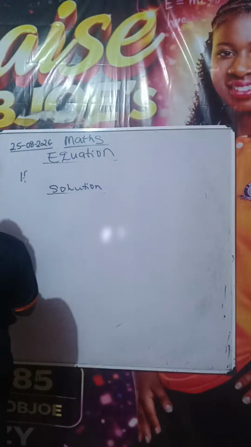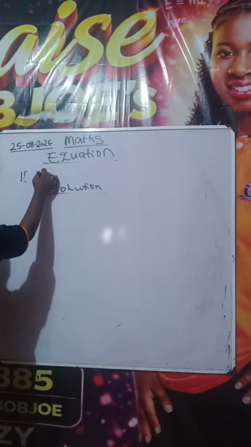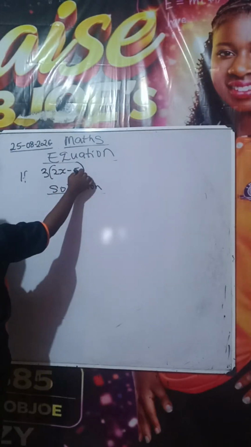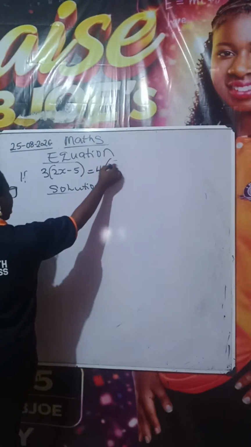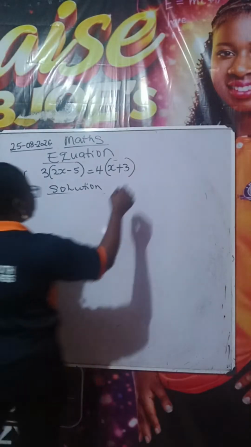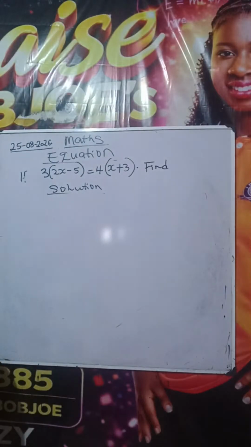So I have 3, then 2x minus 5 is equals to 4x plus 3. Now what are we looking for? They said find x. So what are we going to do, everybody? Look at it.